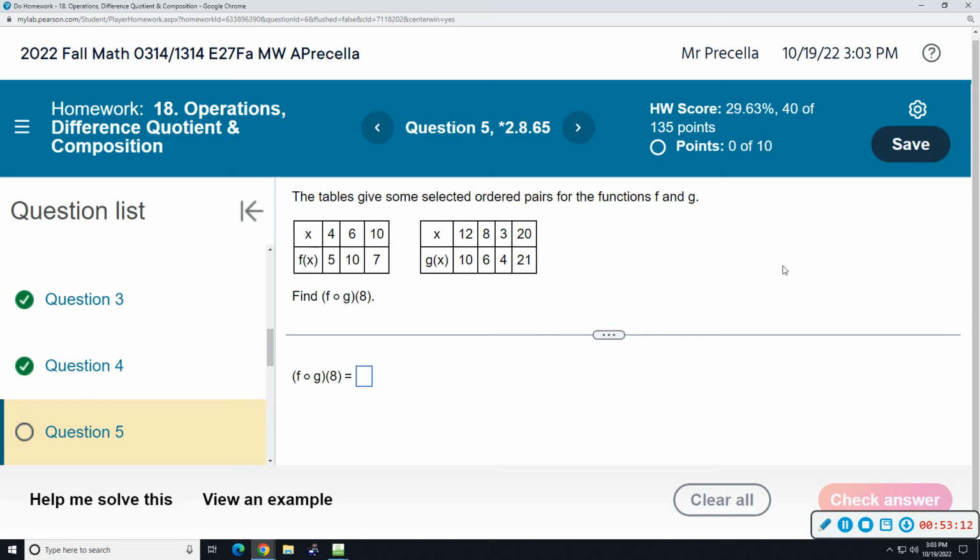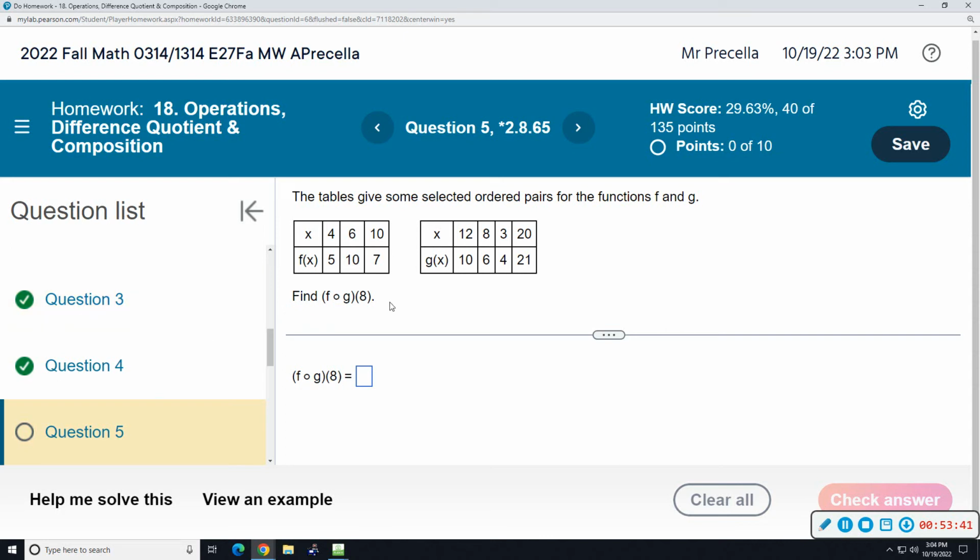Okay, 12 is assigned to 10, 8 is assigned to 6, 3 is assigned to 4, and 20 is assigned to 21. Let me make sure I don't miscopy these tables. 4, 6, 12, 10. Oh, and they want us to find f composed with g of 8.